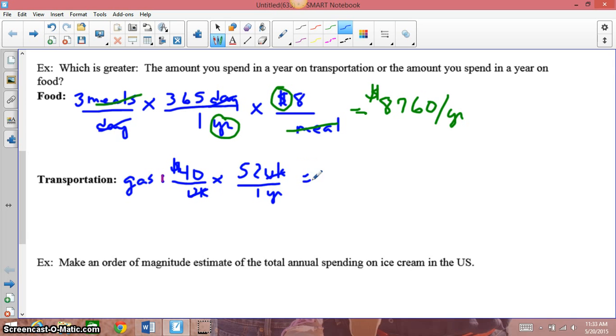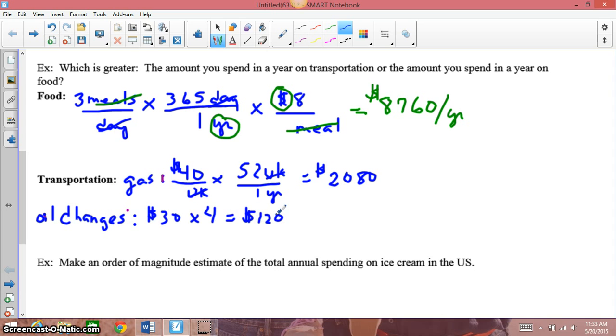So gas-wise, $2,080. But as you know, that's not all that's encompassed whenever you have a car. You also have to do routine oil changes. I'd say oil changes run roughly about $30 a pop, and let's say you'd have around 4 of those a year, so $120 for oil changes.